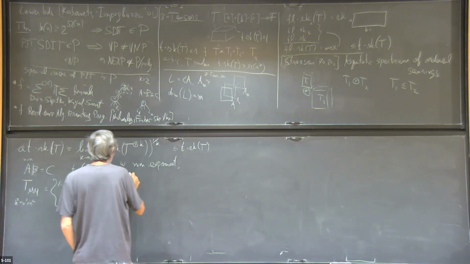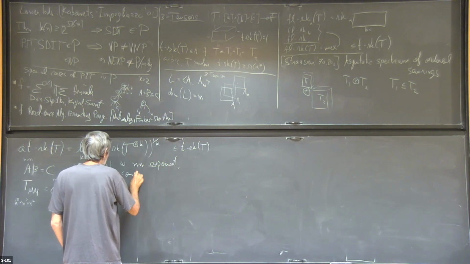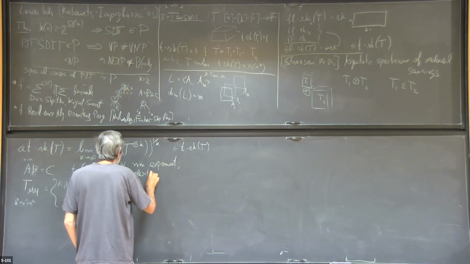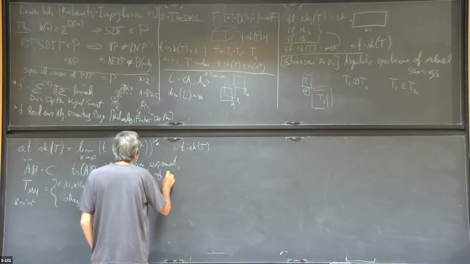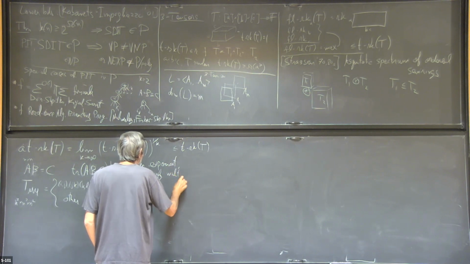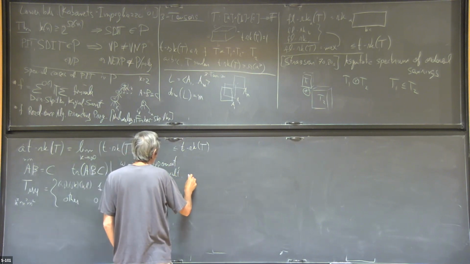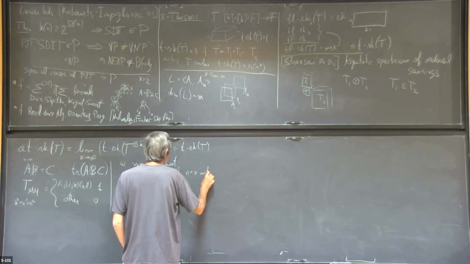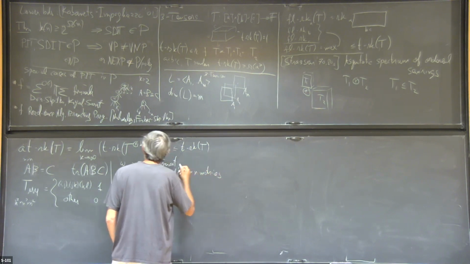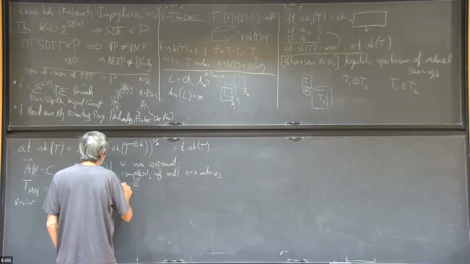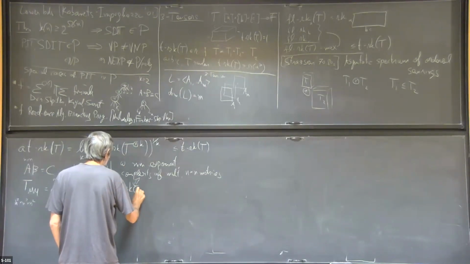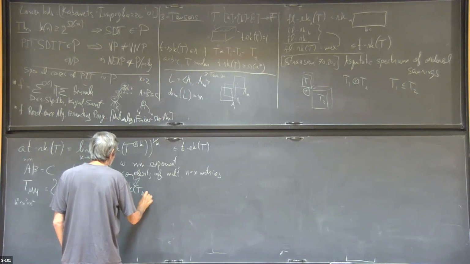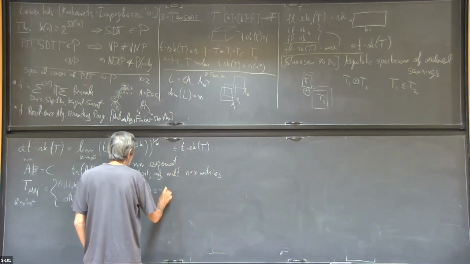Basically, the complexity of multiplying matrices is the same as saying that the tensor rank of this matrix multiplication tensor to the omega.